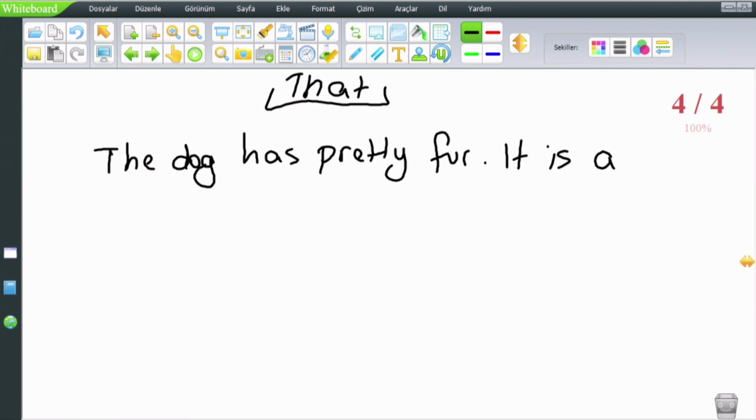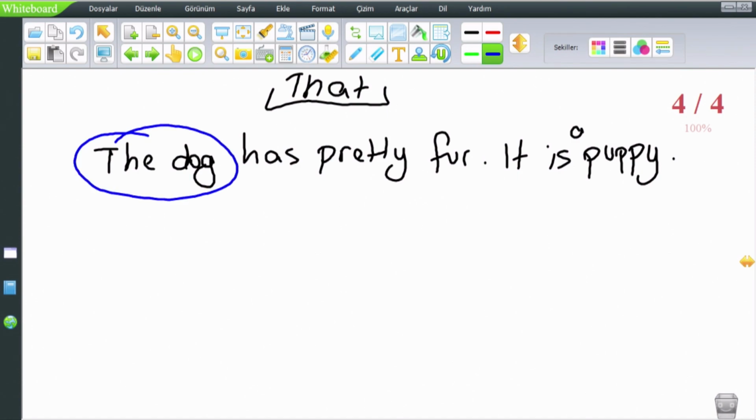It is a puppy. Okay, what is the common thing in these two sentences is the dog. We have a common figure of speech in these two sentences. And I want to use the relative pronoun that to combine them. I will start with writing my first sentence.